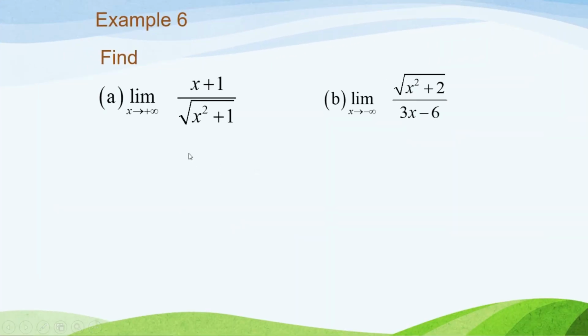Example 6: find the limit as x approaches positive infinity of (x plus 1) over the square root of (x squared plus 1), and the limit as x approaches negative infinity of the square root of (x squared plus 2) over (3x minus 6).